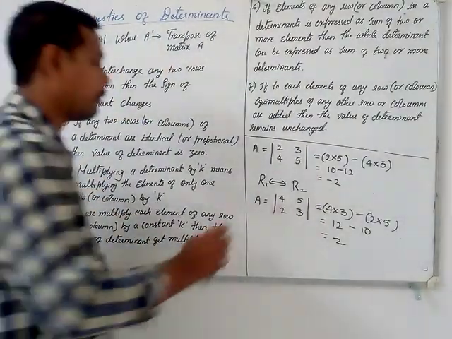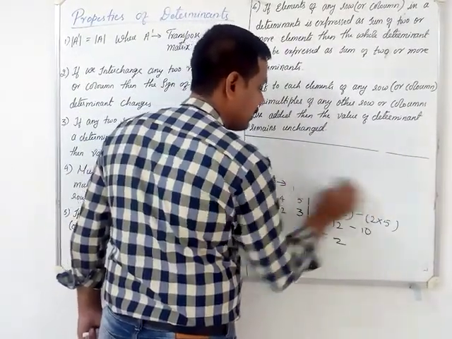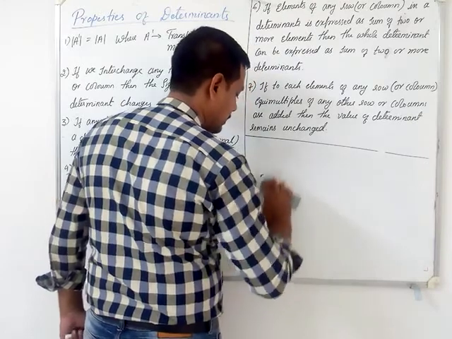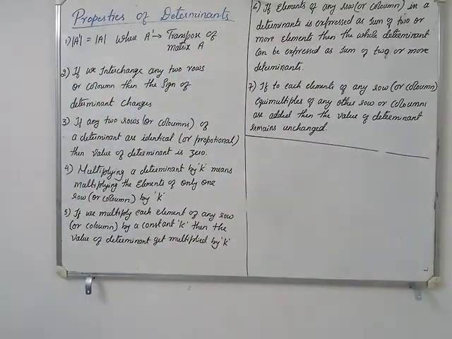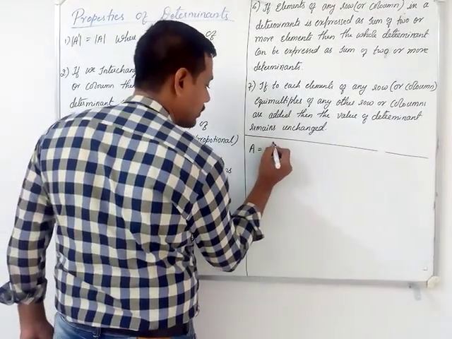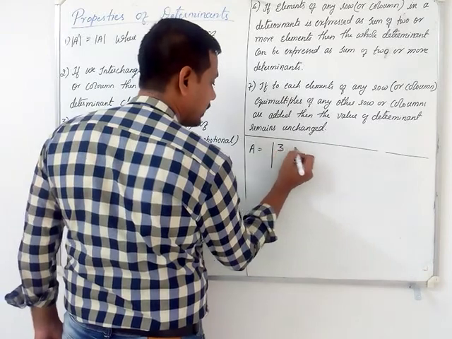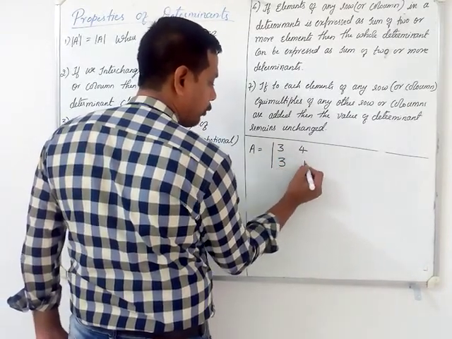Okay, for example, let us take A is equal to 3, 4, 3, 4.